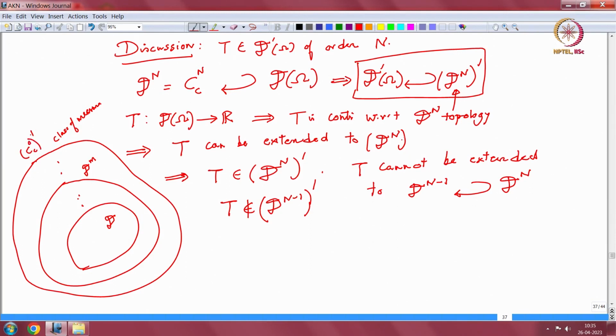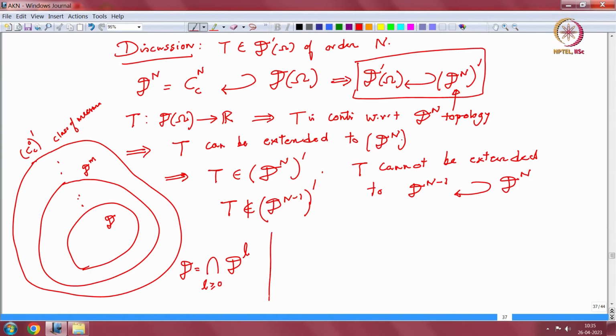So you can go up to C_c naught. So precisely your D is the intersection of your D^l for all l greater than or equal to 0. And what does this say?